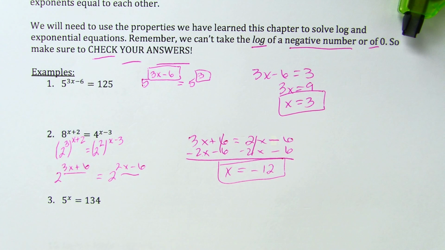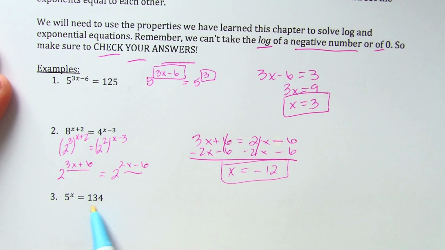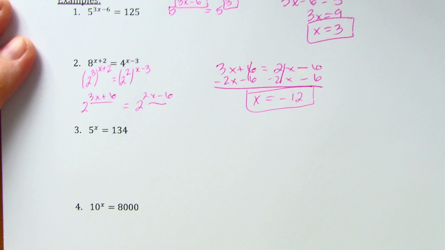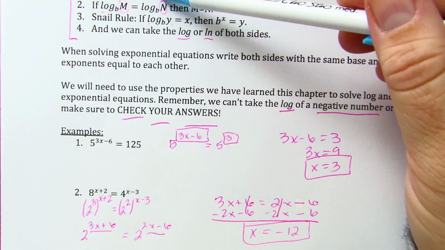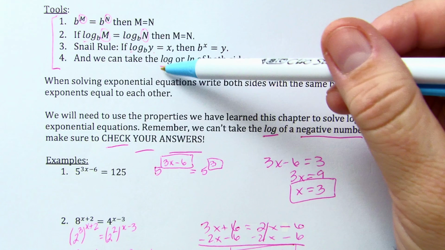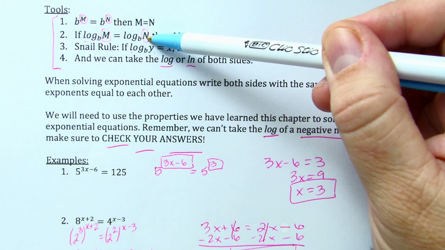All right. Now this next one looks like the setup is the same. The difference with this one is that there's no way for us to rewrite 134 as 5 to some power. So we're going to have to try something different. Looking at our different tools up here, I don't have a log on each side, so this is not going to help me.